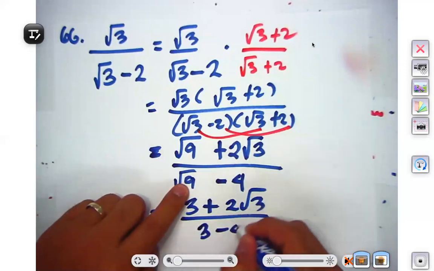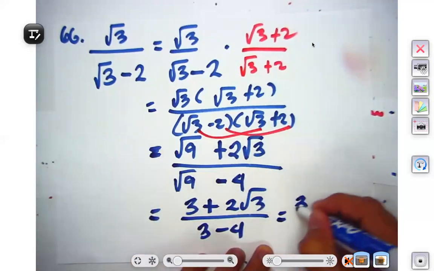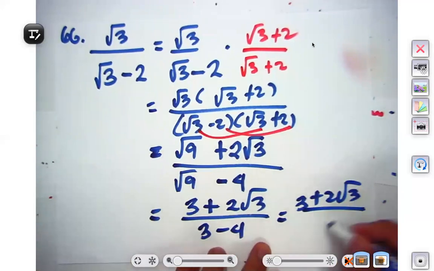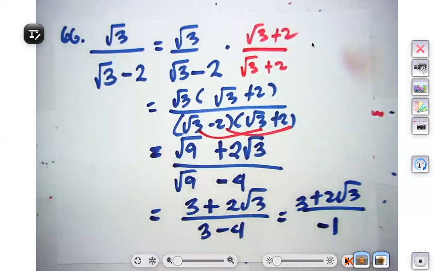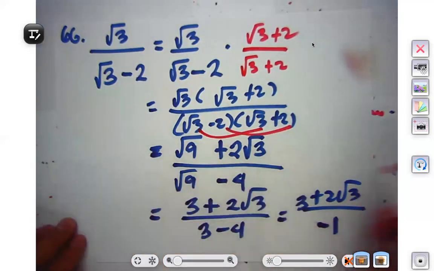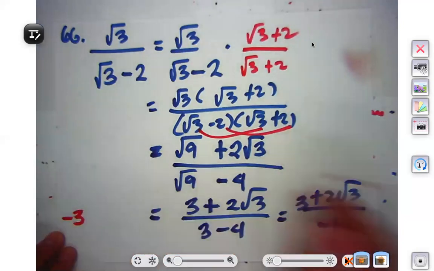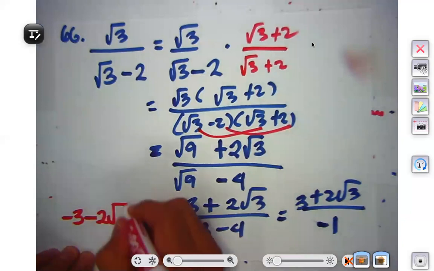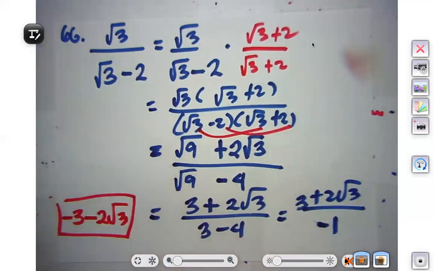So we have 3 plus 2 square root of 3 over 3 minus 4. Oh wow, that's negative 1. Therefore, we can simplify it. 3 divided by negative 1 is negative 3, and 2 square root of 3 divided by negative 1 is negative 2 square root of 3. And that's our final answer.